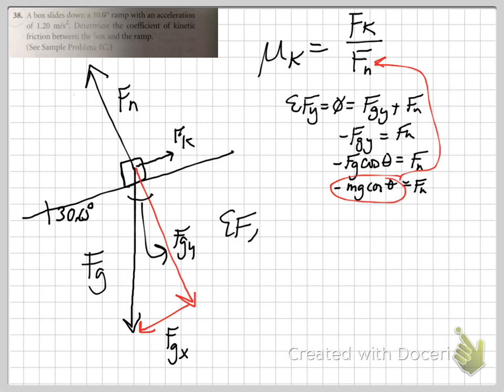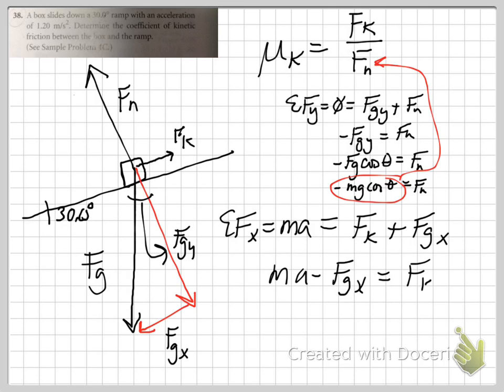So sum of forces on the x is equal to mass times acceleration, which is also equal to force of kinetic friction plus Fgx. So if we just want Fk, ma minus Fgx equals Fk. So ma minus mg, and in this case it's sine theta, equals Fk.